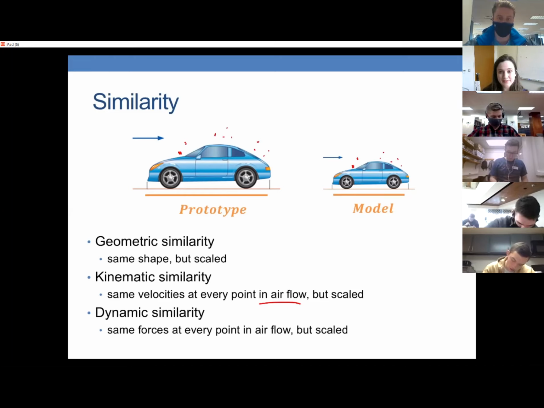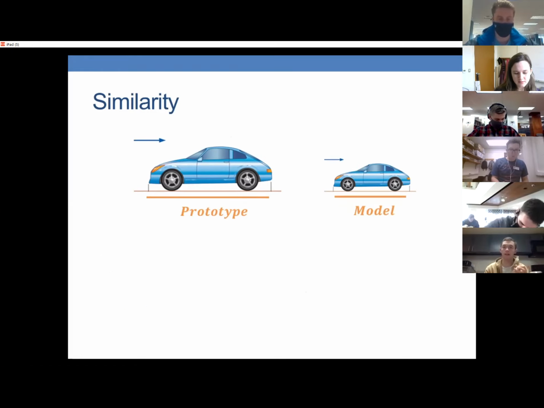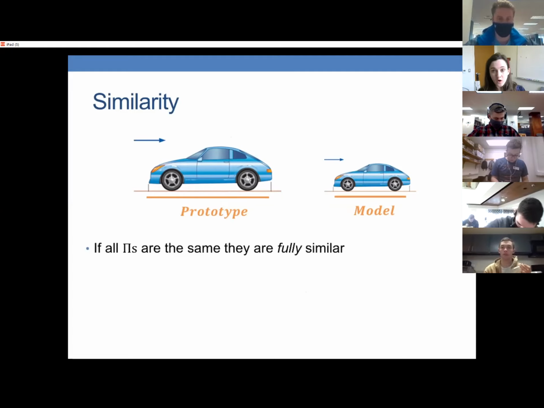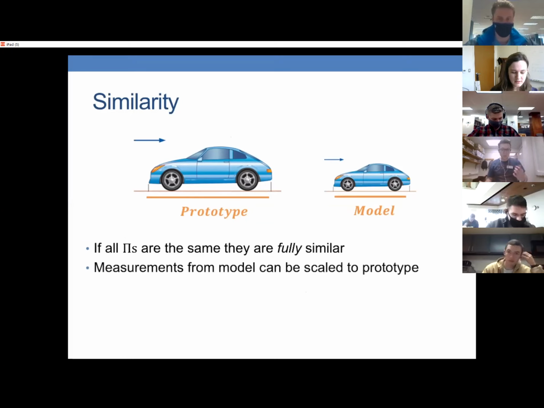Okay? So if they are dynamically similar, then we can do this analysis. As I said, I mostly just want you to have heard that vocabulary, and to be sort of familiar with it. Okay, so if all the pies are the same, they are fully similar, and you can take measurements on the little model and then scale it up to the big one.